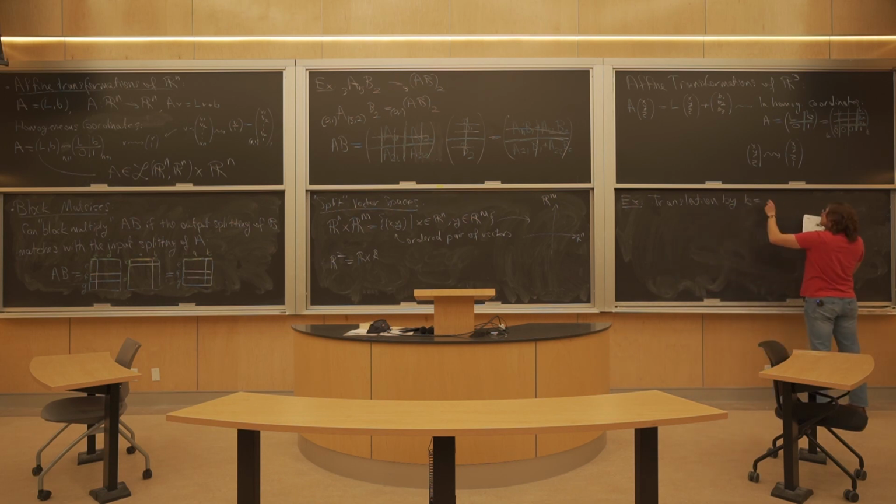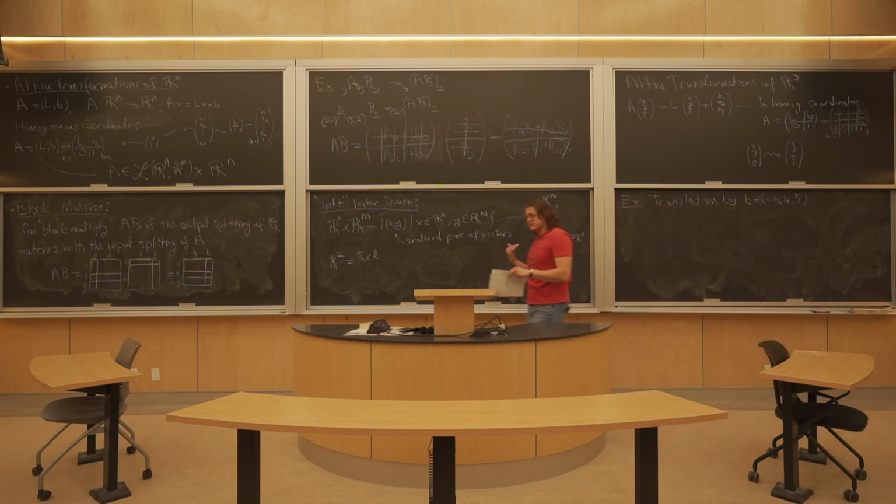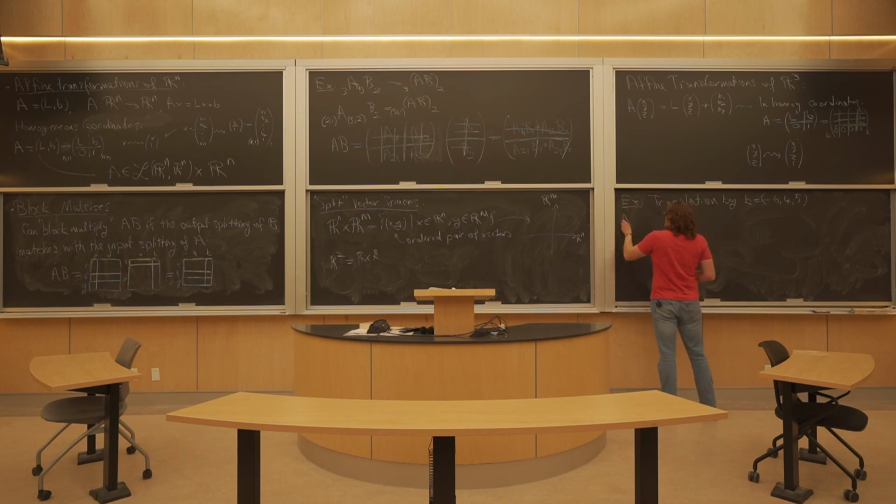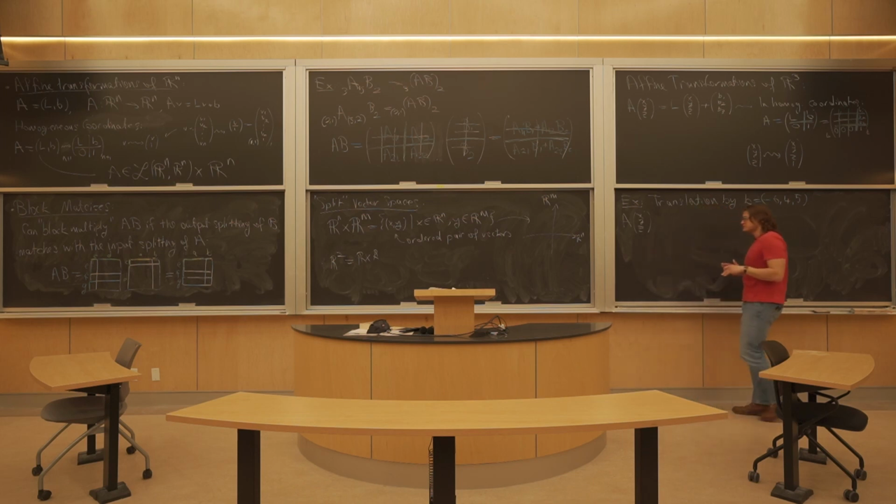So B is -6, 4, 5. In this case, the linear part, L, is just the identity. So A of x, y, z in non-homogeneous coordinates is just I times x, y, z plus this vector -6, 4, 5. So the end result is x minus 6, y plus 4, z plus 5.